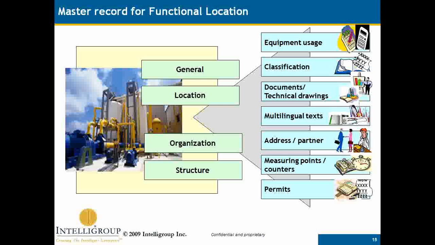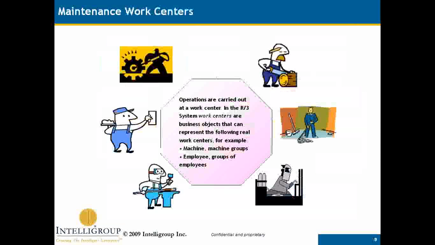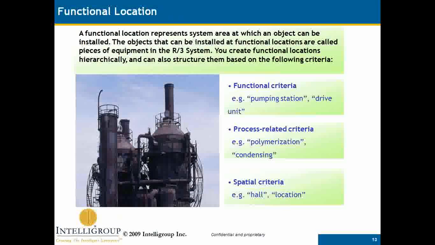There is a Location tab, and there are so many fields in that Location tab. Earlier I mentioned the maintenance plant can be further defined as a location and plant section. You can recollect the first slide: maintenance plant, location, plant section.